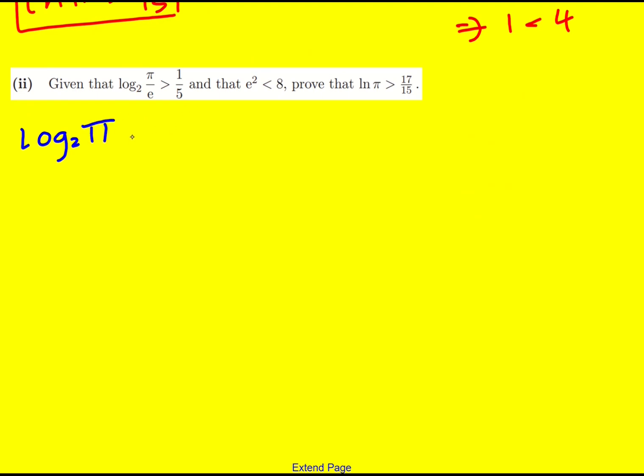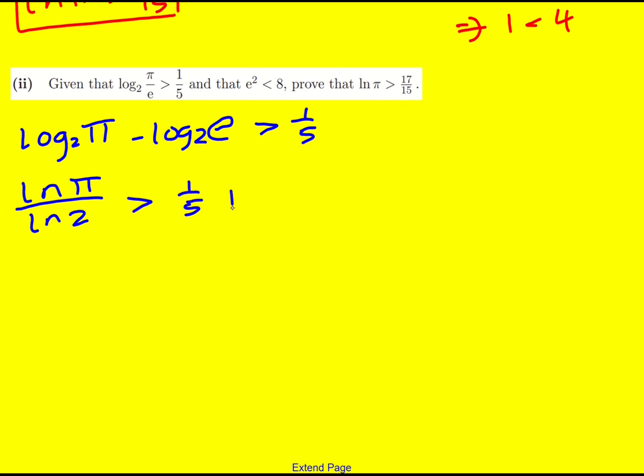So log to base 2 of pi minus log to base 2 of e is going to be greater than a fifth. What I did is I changed the base for this one, so ln pi over ln 2, but I kept the log to base 2 of e as it was, and then I added it onto both sides.